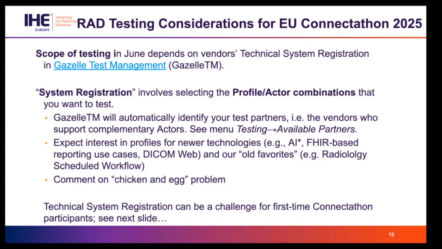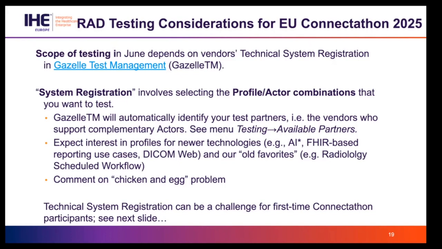So what we encourage people to do during this registration period is to register for the things you are interested in, so other vendors who are also performing system registration can see that you are interested and can express their interest as well. If everybody sits back in the corner, it looks like nobody's interested, and the testing opportunities fall away. And as Ann Gale said, we can always add things later, but the sooner you express your interest in testing, the more likely it is that we will have robust partners available for you in June.